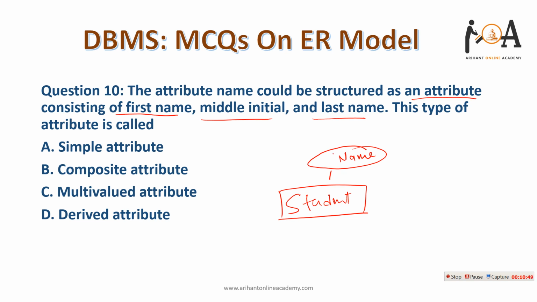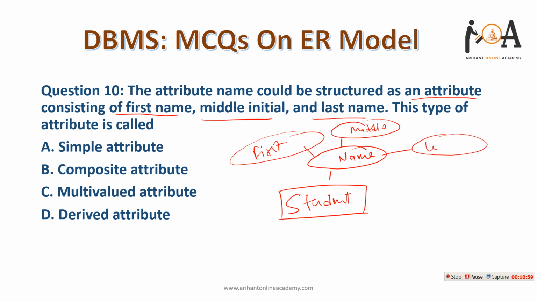But further this name is divided into what is first name of student, what is middle name of student, and what is last name of student. Okay, so in that case this attribute is further divided. This kind of attribute is called a composite attribute. Okay, so option B is the correct answer.